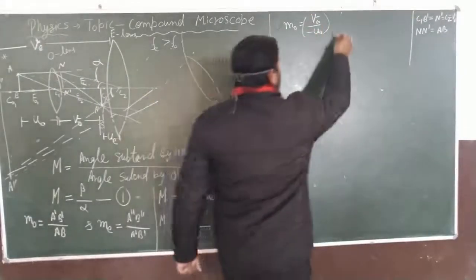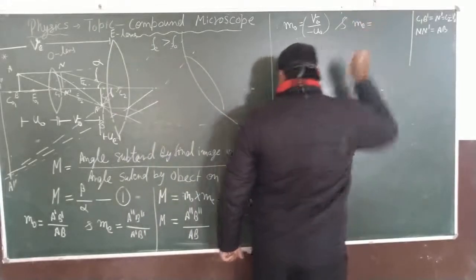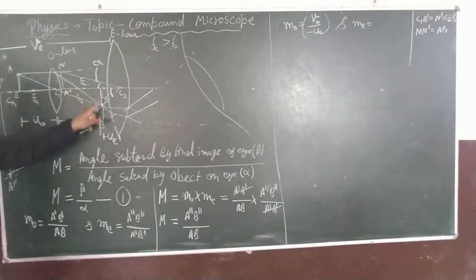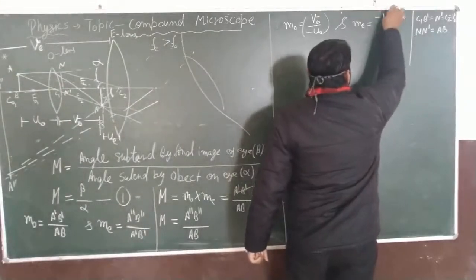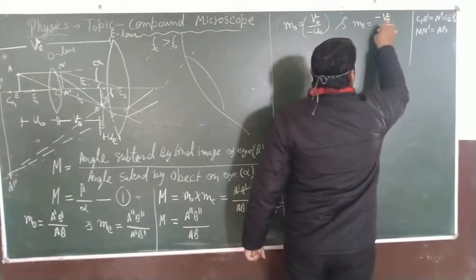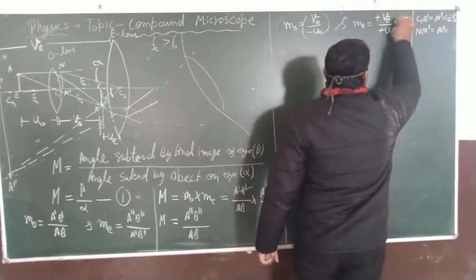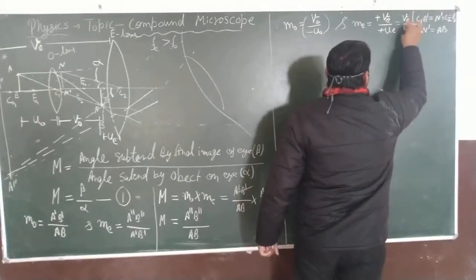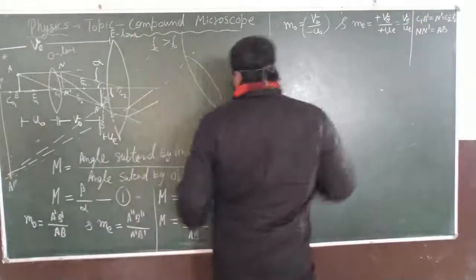Okay, and the magnification produced by the eyepiece is the distance of image to distance of object, which is minus VE upon minus UE. This is cancelled and we get the result VE upon UE.